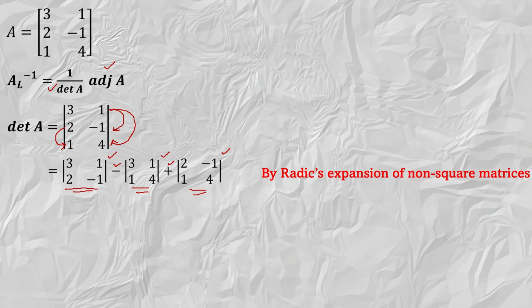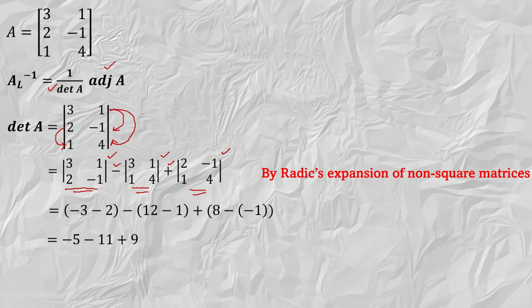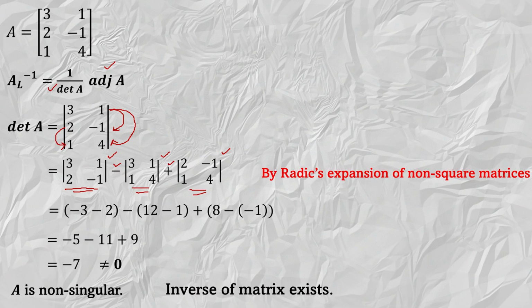Now 2 cross 2 determinants can be found easily. After simplification, we get the determinant of A to be -7 and it is not equal to 0. Therefore, the given matrix A is non-singular, so its inverse exists.